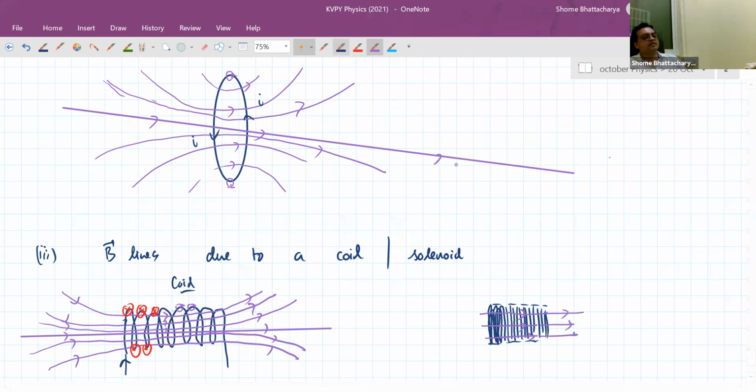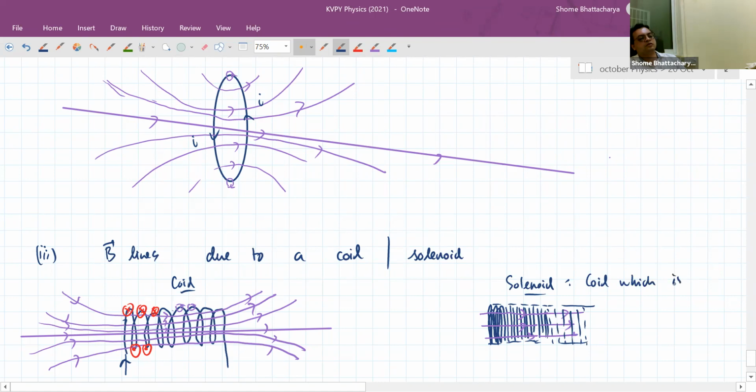The magnetic field inside such a solenoid is a uniform magnetic field. So a solenoid is a coil which is very densely wound, and of length L, such that L is very large compared to its radius.